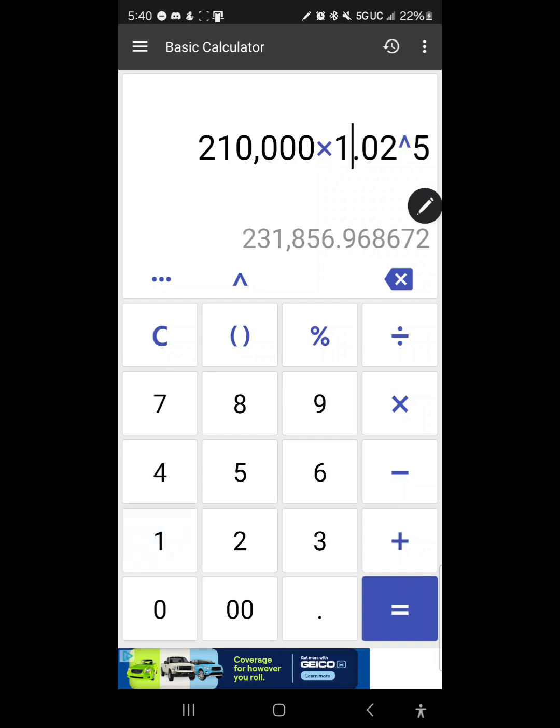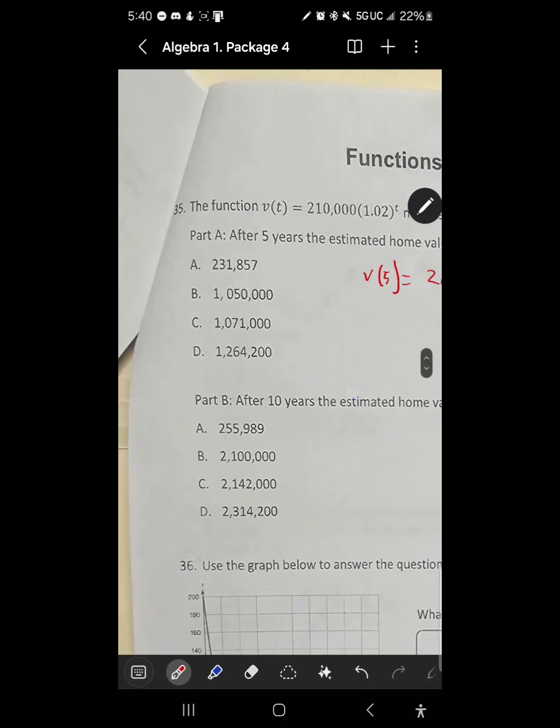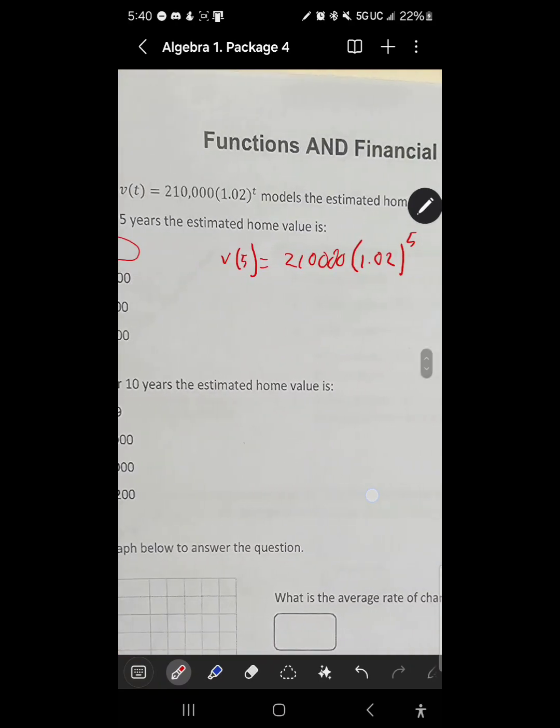This is approximately 231,857. So that's the value here.